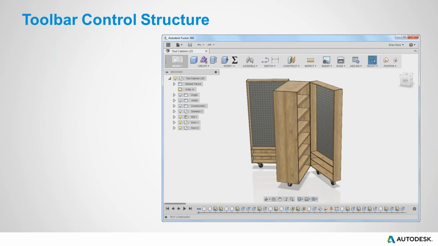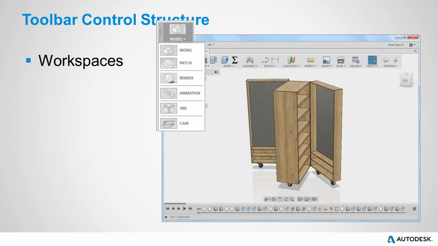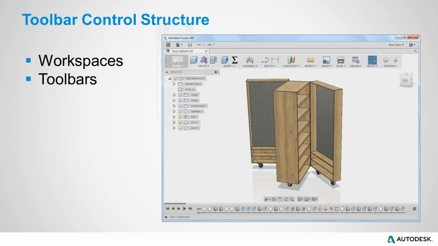All right, so that's the structure of where I can put my controls. What Fusion supports is that we have it divided up into workspaces. There are multiple workspaces, and here are the ones that currently come with Fusion. With each workspace, I'll get back to what's with each workspace, but we've got some toolbars that are independent of the workspaces.